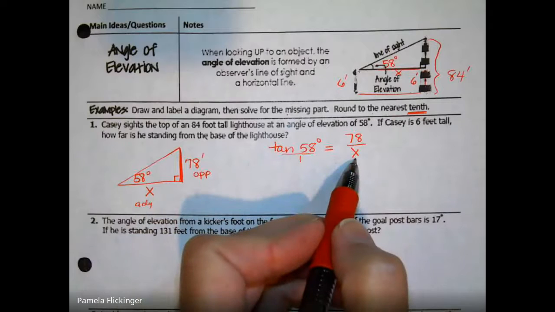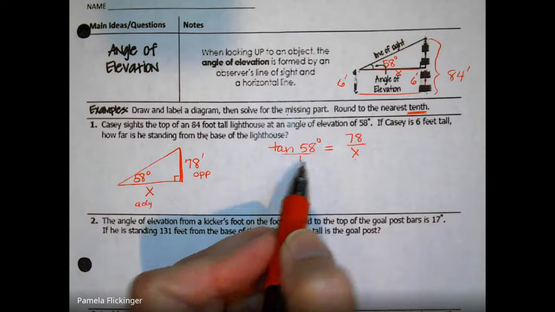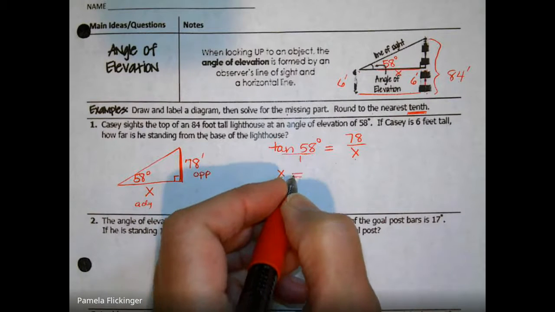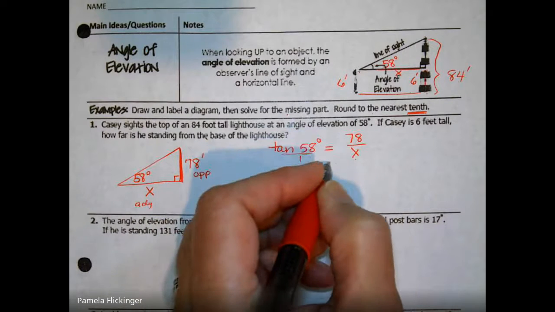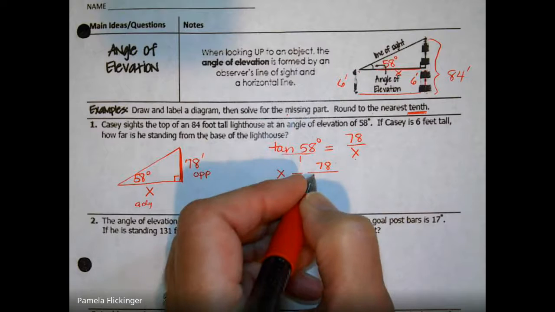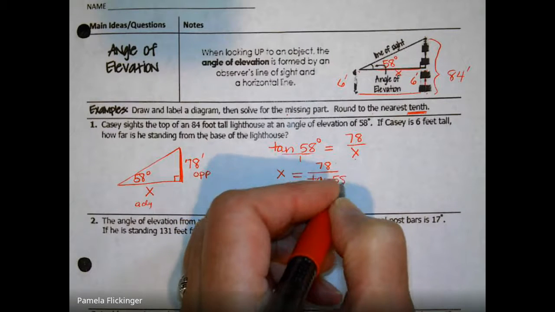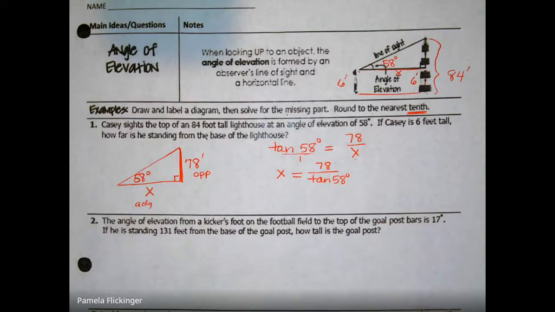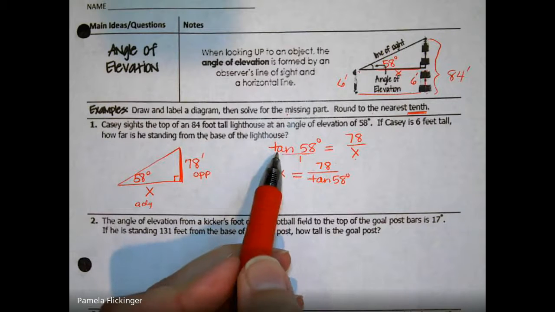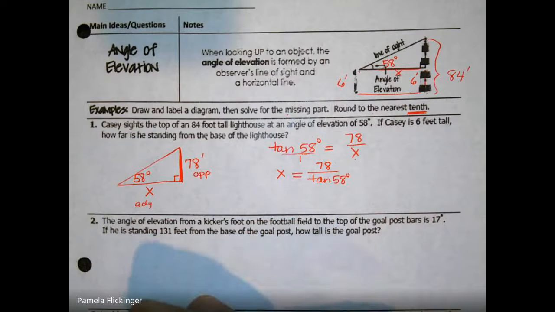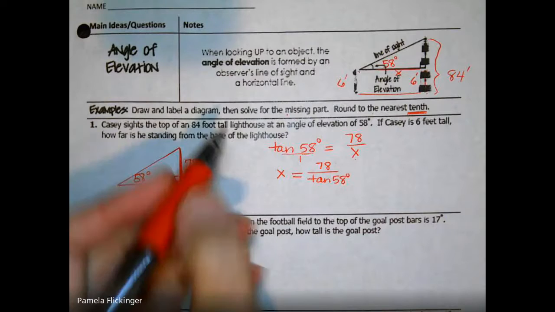When X, your variable, lands in the denominator and we go to cross multiply, you're going to end up dividing the numerator, 78, by the trig function. All right, because I would start with X times tangent of 58 equals 78, and then I would divide by the tangent.